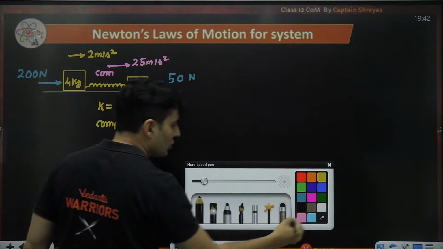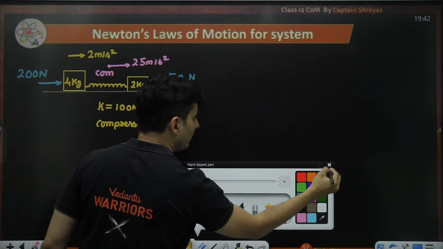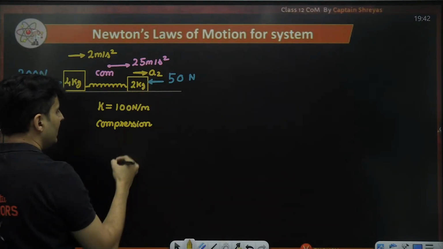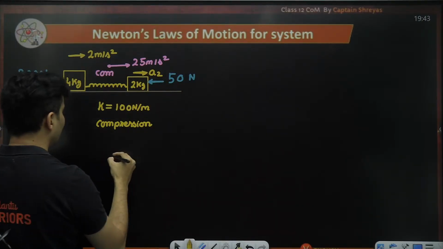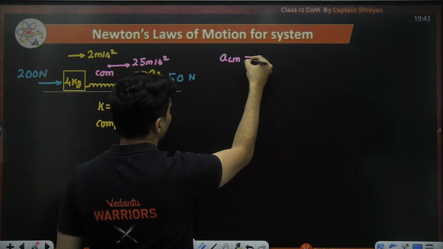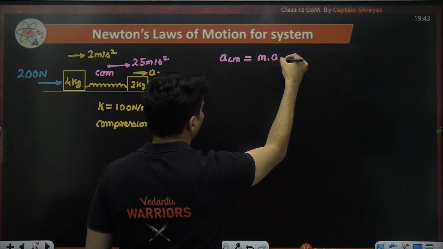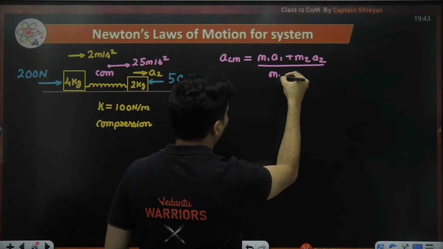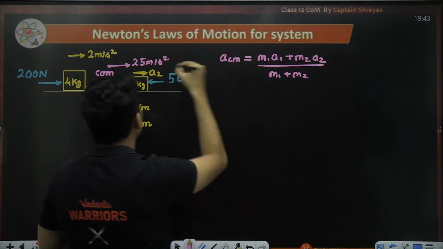So now I will assume this 2 kg block's acceleration to be A2. And now I know for a fact that ACOM, or acceleration of center of mass, will be (M1A1 + M2A2)/(M1 + M2). Use this.